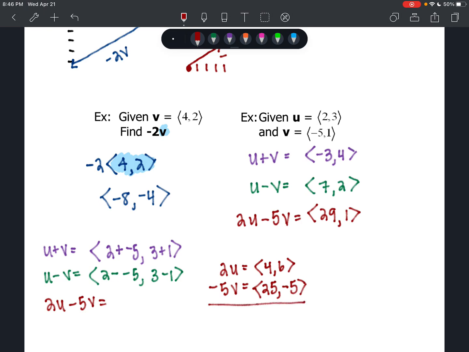And then 2U minus 5V is the same thing as 2U plus negative 5V. And that's where the 29, 1 came from. So working vertically, you could see I really couldn't continue to work horizontally because I knew working left to right, I was just going to make a mistake. So working vertically is a good tip for you, and hopefully it works for you.